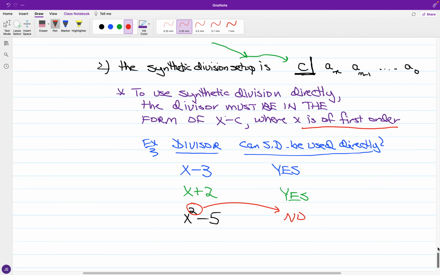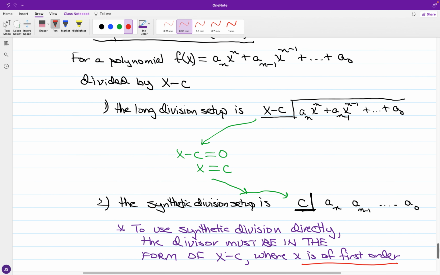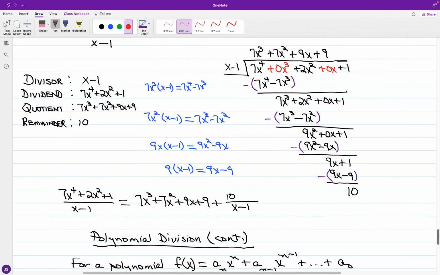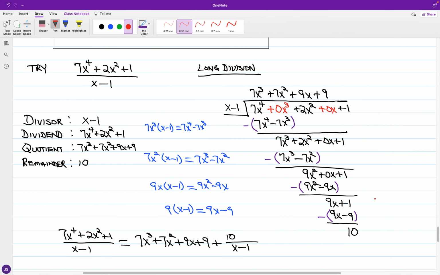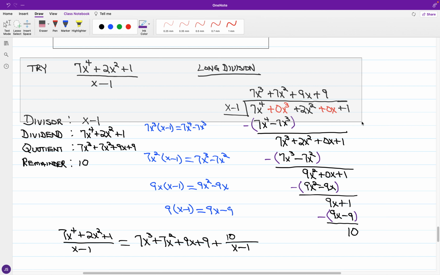Now, when we had looked at this particular polynomial, 7x to the 4 plus 2x squared plus 1 divided by x minus 1, I'm trying to get this copied.